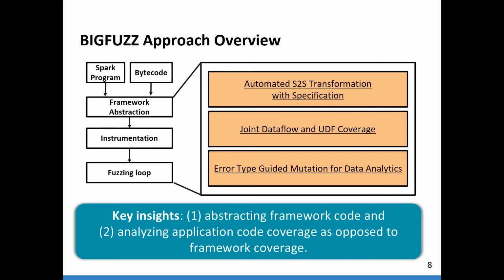Second, based on the transformed program in specification, we monitor a combined equivalence class-based data flow coverage and control flow coverage of extracted user-defined functions. Then during fuzzing, we design mutations that are specifically for big data analytics, based on our empirical study of common error types in real-world big data analytics applications.